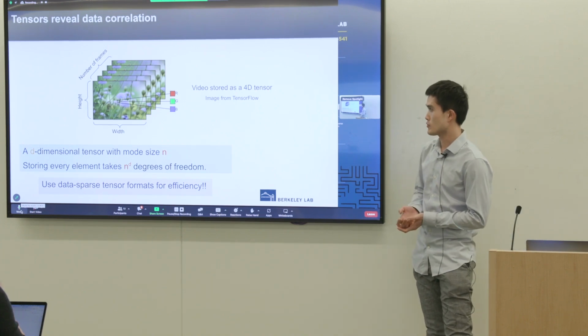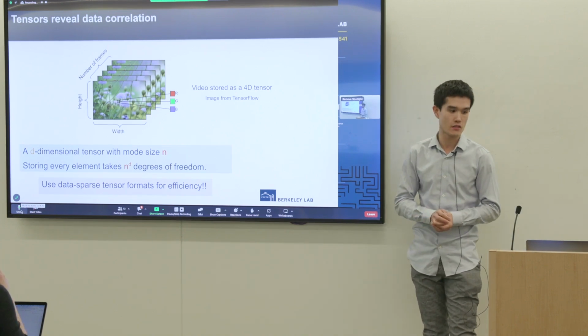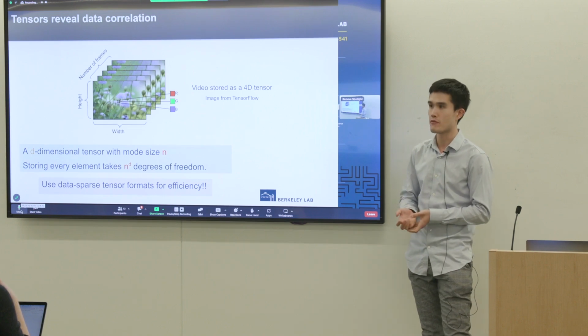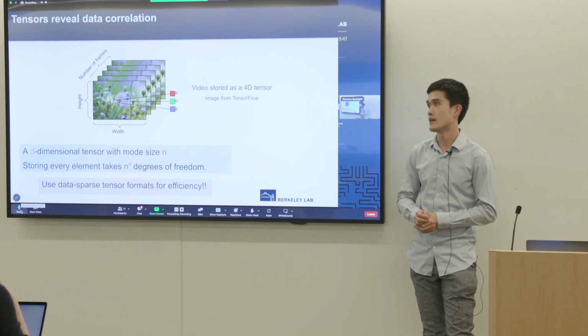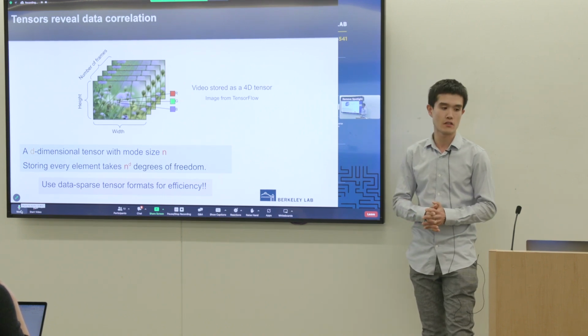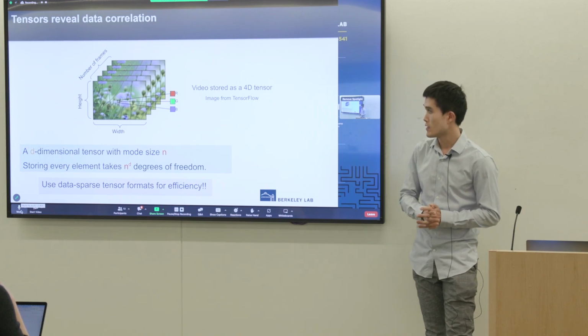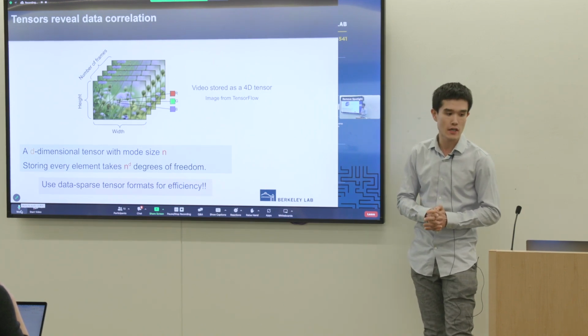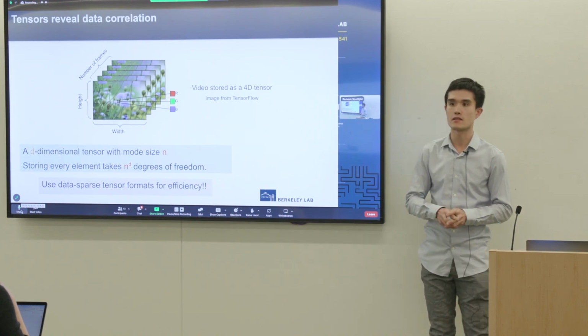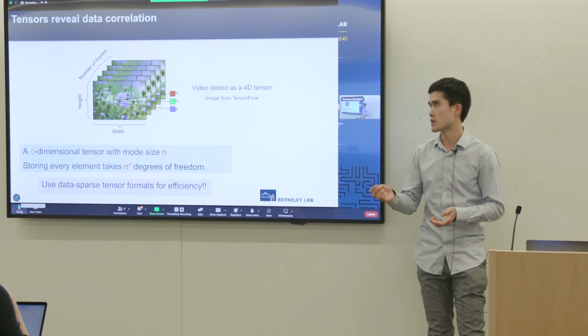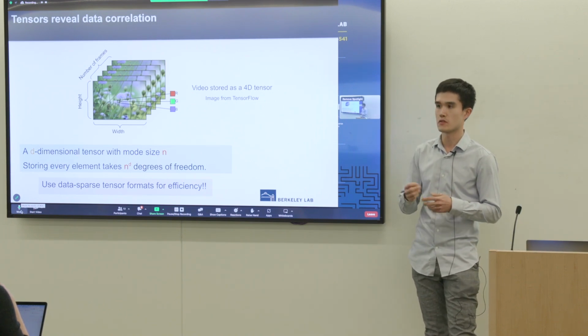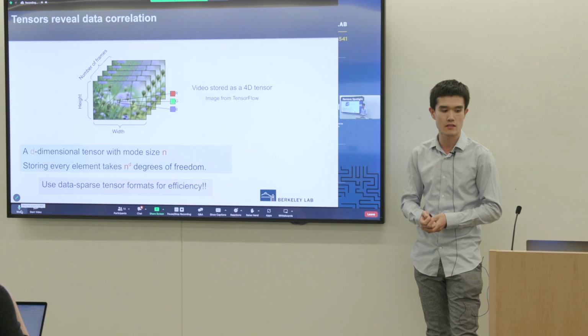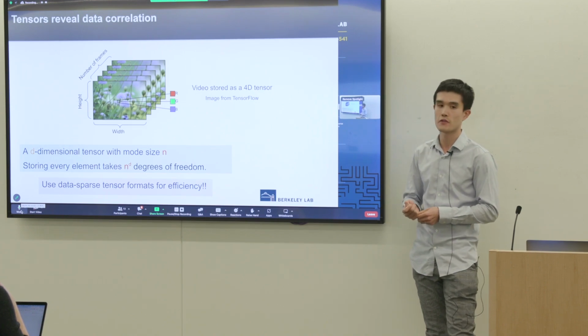There is one caveat about using tensors: if you want to store every element of the tensor, then there will be something called the curse of dimensionality. Namely, if we have a d-dimensional tensor and the mode size is n, that means the size of each dimension is n, then storing every element needs n to the dth power degrees of freedom.